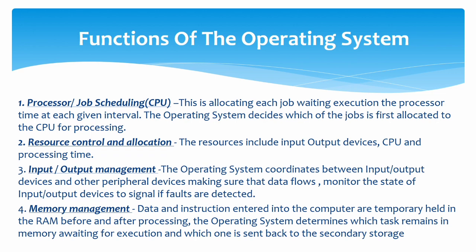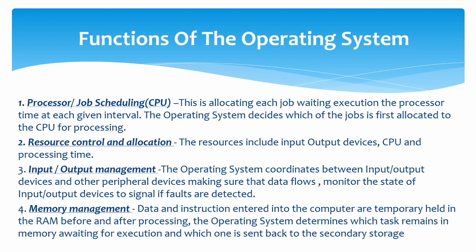It also helps in management of these devices, whether it is a printer or any peripheral device: how data flows, making sure everything is working as it should, coordinating, and getting a signal if there are faults or defects. All this is done by the operating system under input and output management.